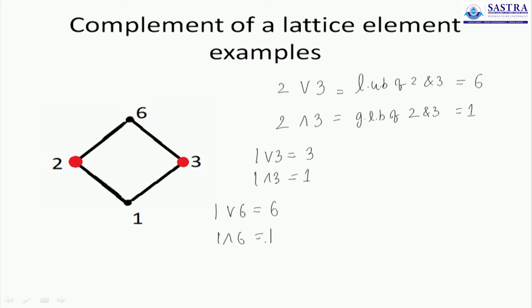The LUB of 1 and 6 is 6 itself, because the least upper bound of 1 and 6 has to be 6. The greatest lower bound of 1 and 6 has to be 1. Therefore, you find that any pair of elements has in fact the complement defined perfectly.